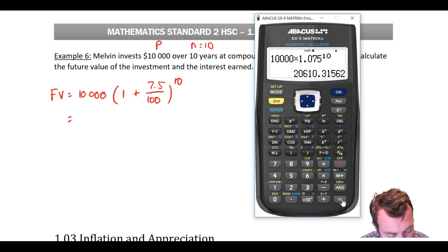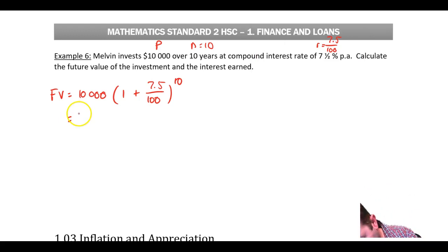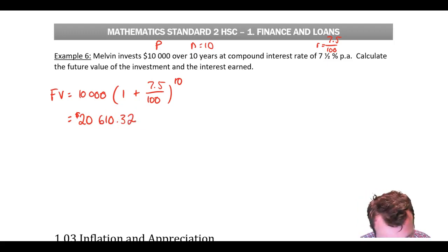And here we go, 20,610.32. Okay, does that make sense? $10,000 goes in. 10 years later, $20,000 is in there. We've, again, roughly doubled our money. That's fine.